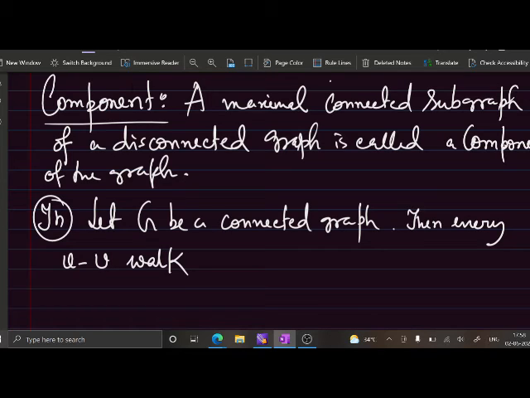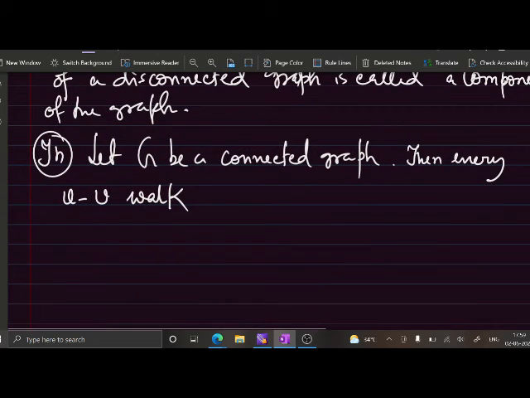But if you think of paths, then you need a sequence of vertices and edges where there are no repeated vertices. That means any u-v walk can be used to define a u-v path.